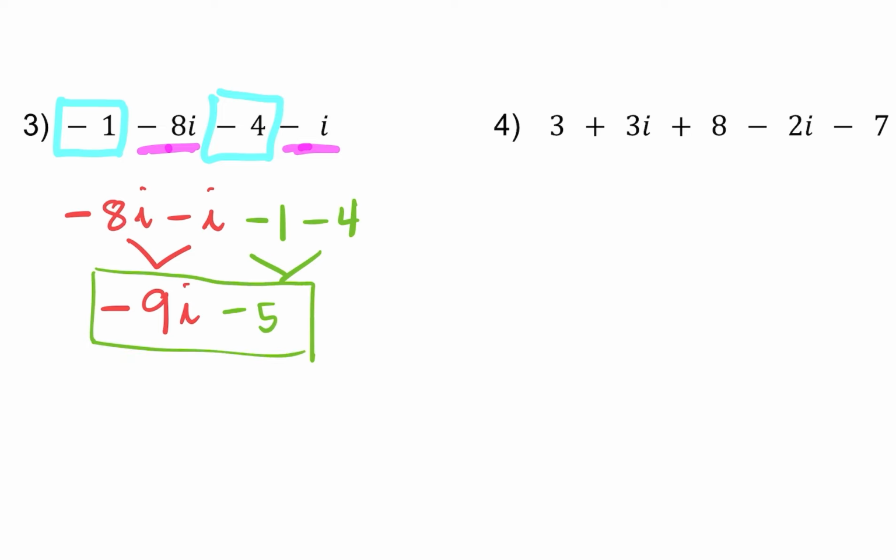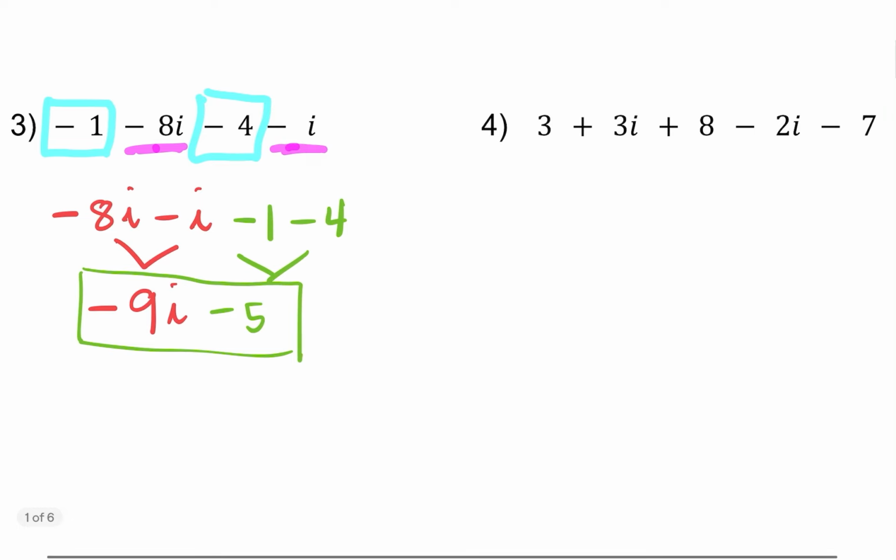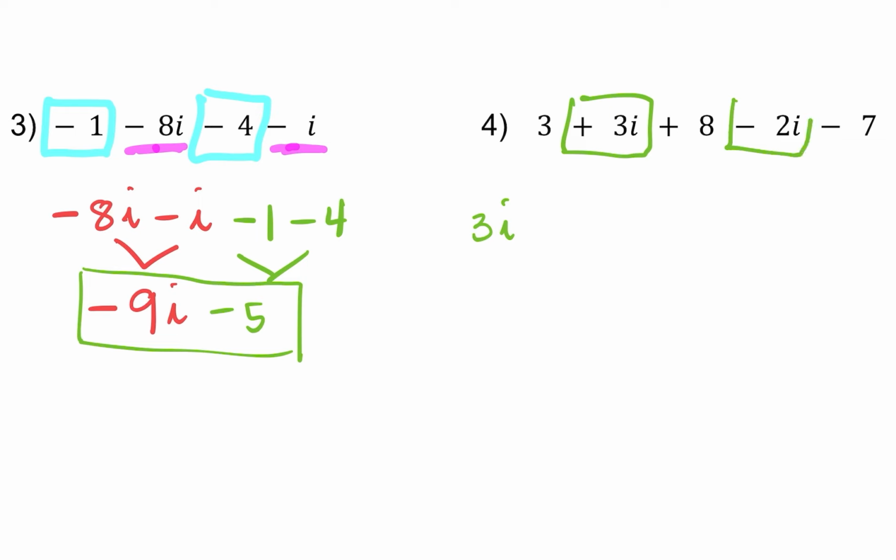Let's try the next problem. So we're going to identify which terms we can combine. So I am looking at positive 3i. I am also looking at negative 2i. So that's minus 2i when I drop it down. And now I am going to focus on the constants. So I have a positive 3, so plus 3.